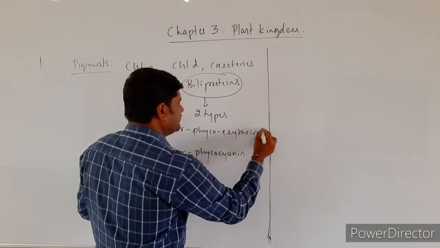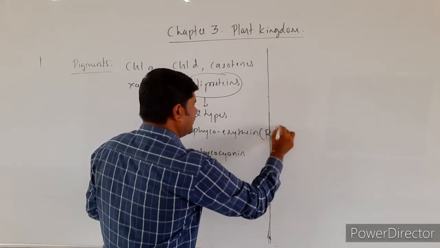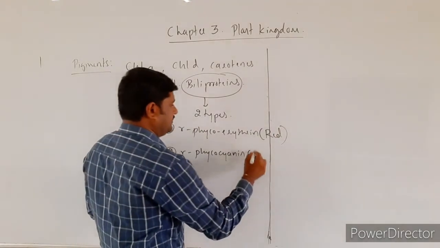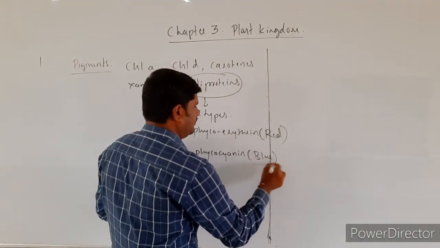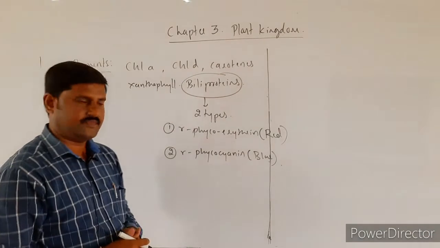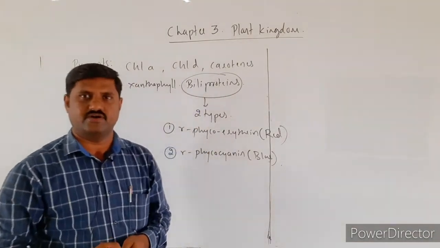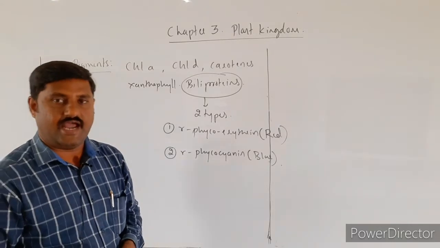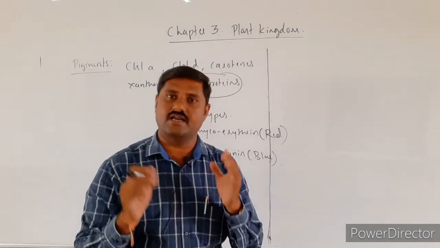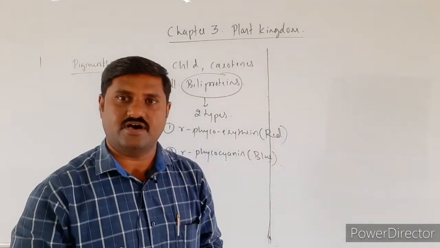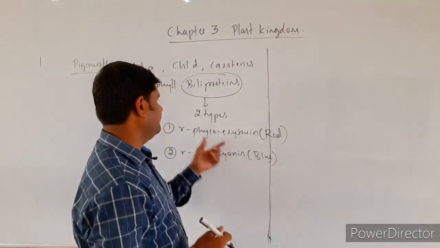This is responsible for red coloration and this is responsible for blue coloration, right? So we come across these two proteins as pigments, and these red algae are red in color because of a higher amount of what?